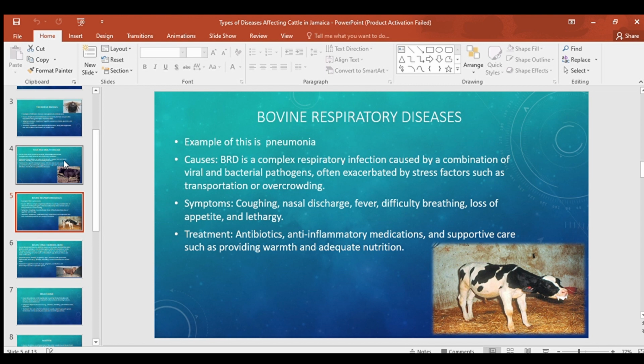Symptoms include coughing, nasal discharge, fever, difficulty breathing, loss of appetite, and lethargy. Treatments involve antibiotics, anti-inflammatory medications, and supportive care such as providing warmth and adequate nutrition.